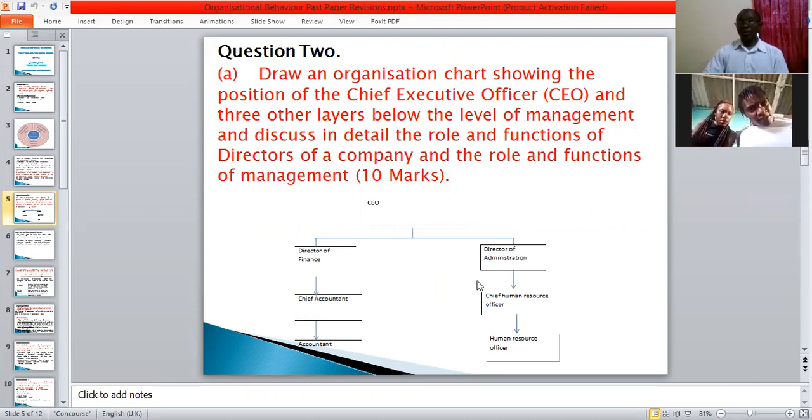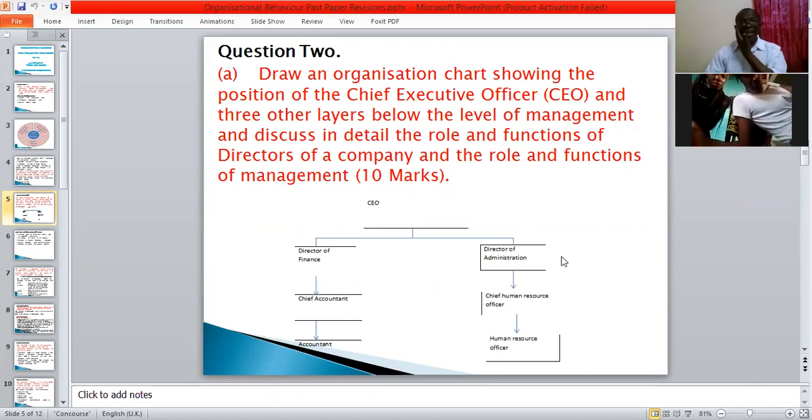On this one, what we are saying is we want an organization chart that will have 3 levels. So we decided to put the director of administration, the chief human resource officer, and the human resource officer.